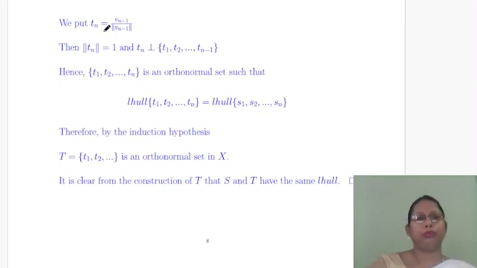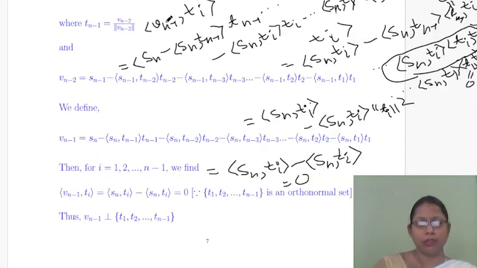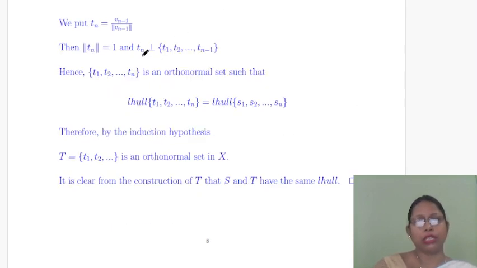Next we put Tn equal to Vn minus 1 divided by the norm of Vn minus 1. Then the norm of Tn is equal to 1. Then this Tn is orthogonal to T1, T2, up to Tn minus 1, as Tn is equal to Vn minus 1 normalized and Vn minus 1 is orthogonal to all of T1, T2, up to Tn minus 1.